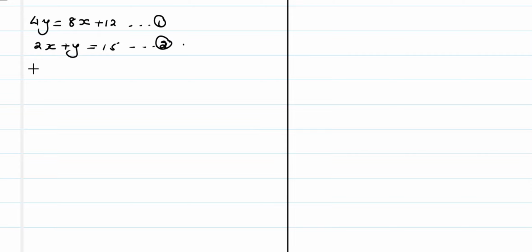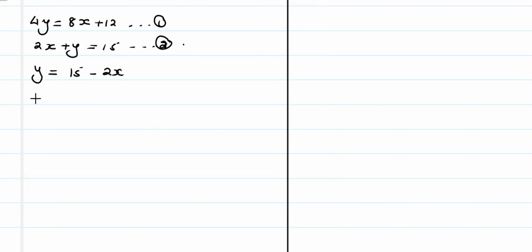So I can say y is equal to 15 minus 2x, because when I take this positive 2x to the other side, it becomes negative.